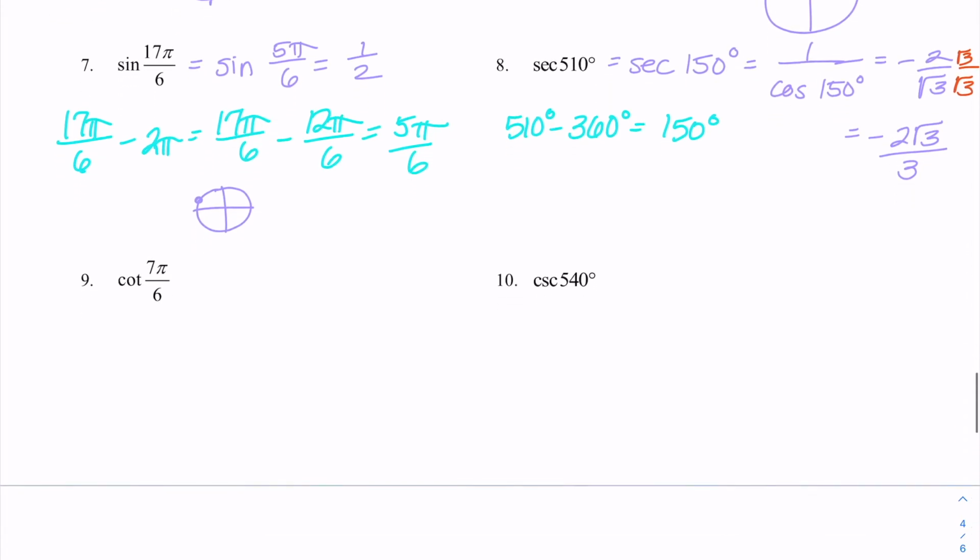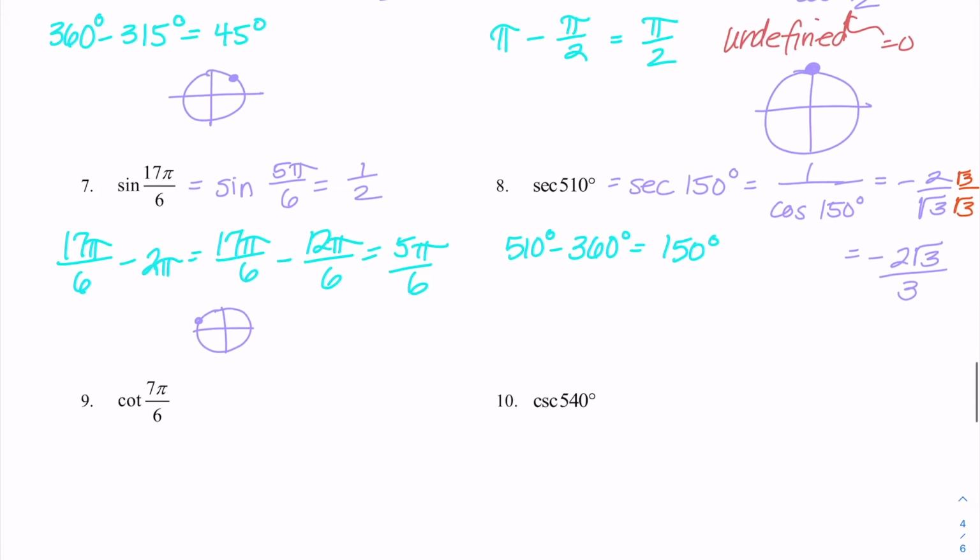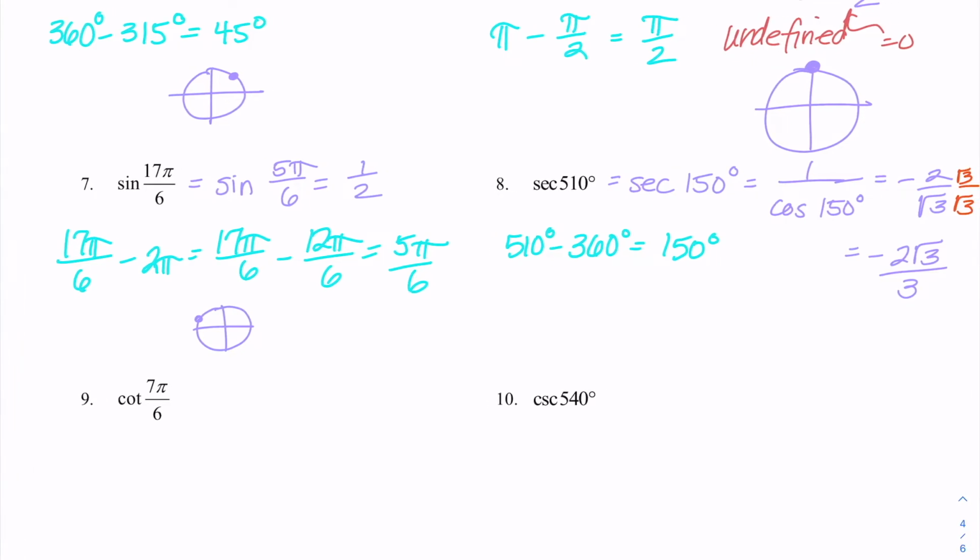Okay, the cotangent of 7 pi over 6. We know that the cotangent has a period of pi, so we can have 7 pi over 6 minus pi, which is equal to 7 pi over 6 minus 6 pi over 6, and that's equal to pi over 6.